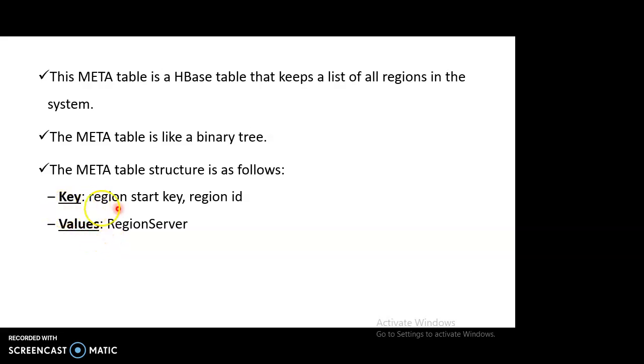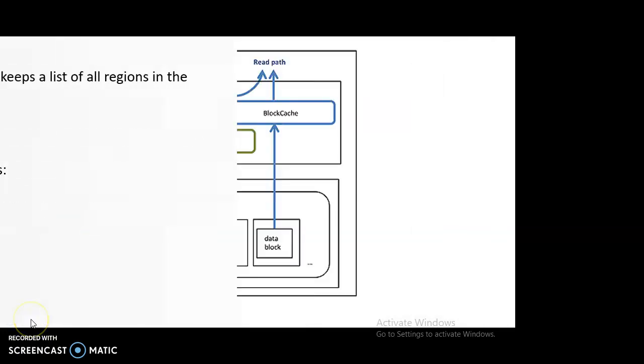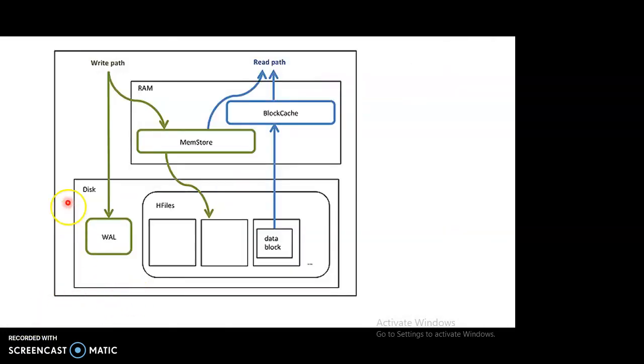So here keys are nothing but region ID and start key of each region, and values are nothing but region server values. See, this is what the read and write paths are for achieving those operations.